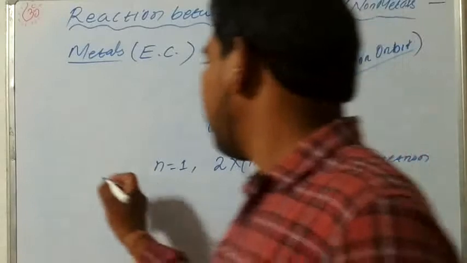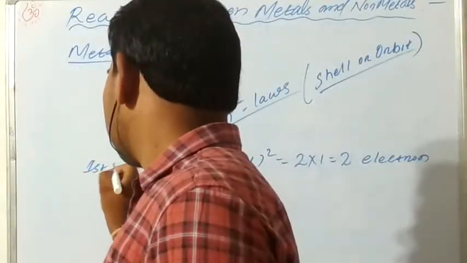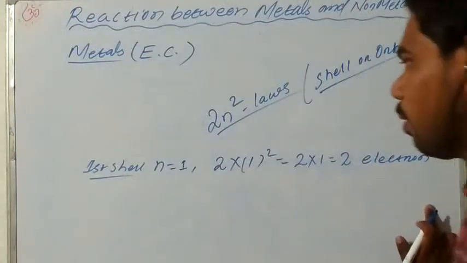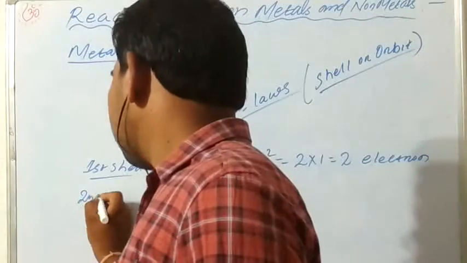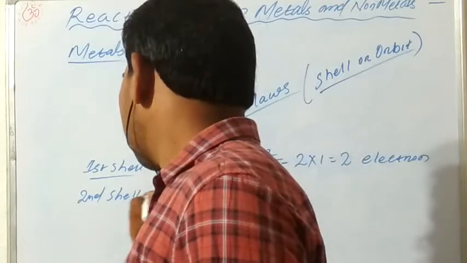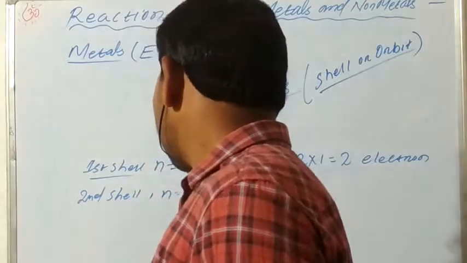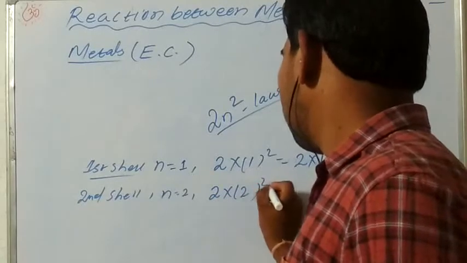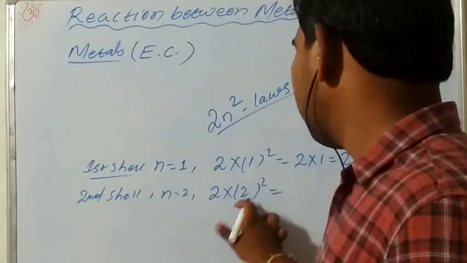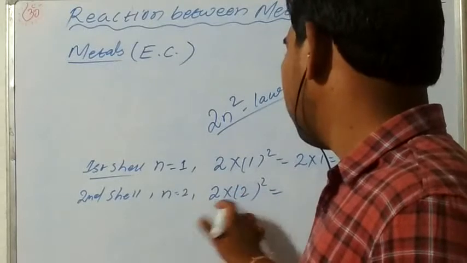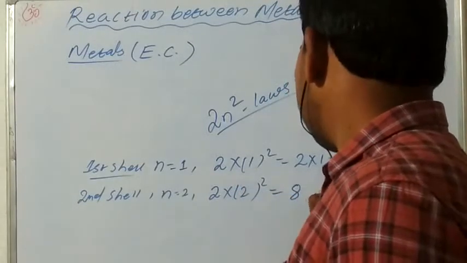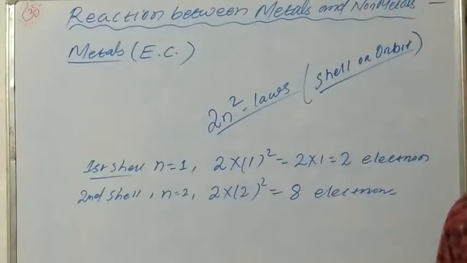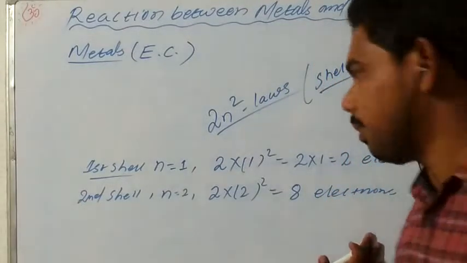The first shell has a maximum of 2 electrons. For the second shell, n is equal to 2. Then 2 into 2 square, 2 square is 4, 4 into 2 is 8. So 8 electrons. The second shell has a maximum of 8 electrons.